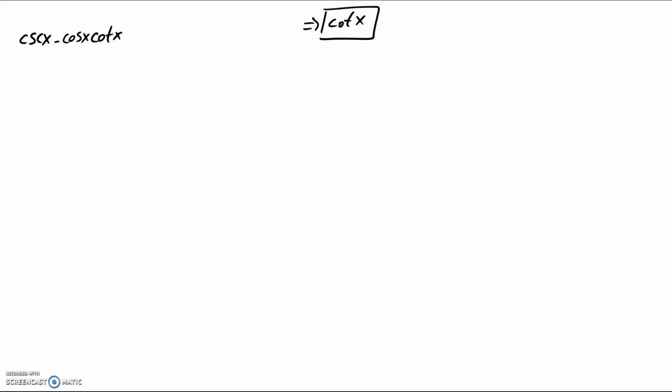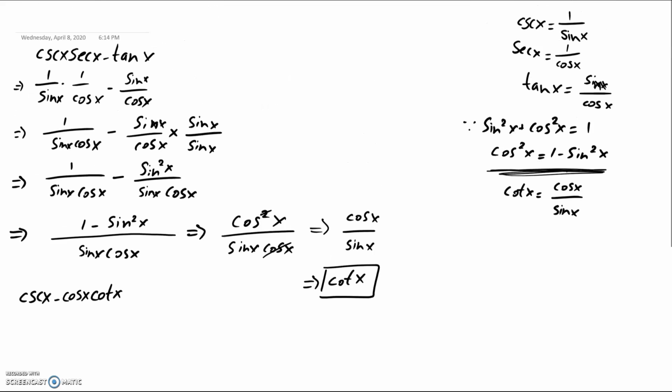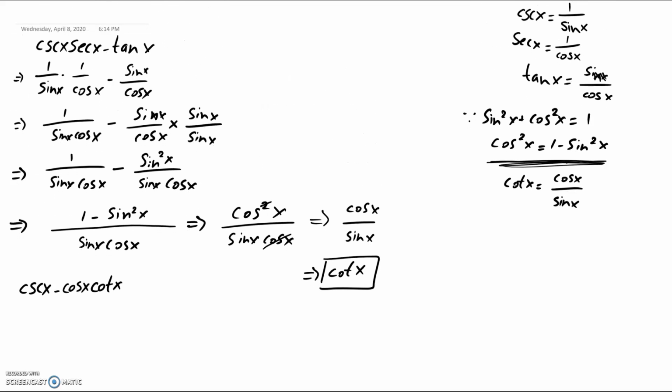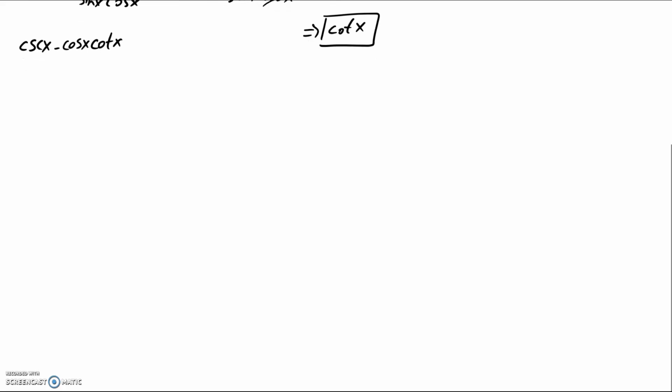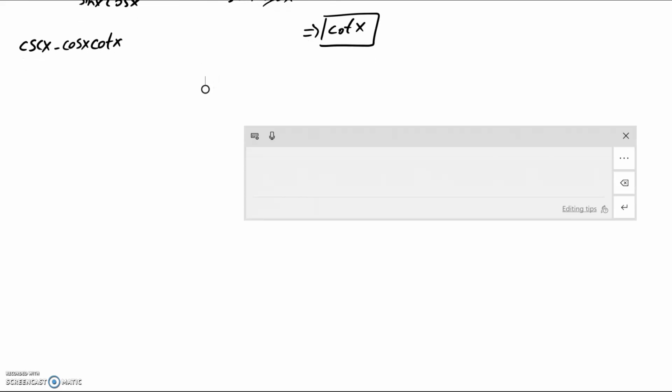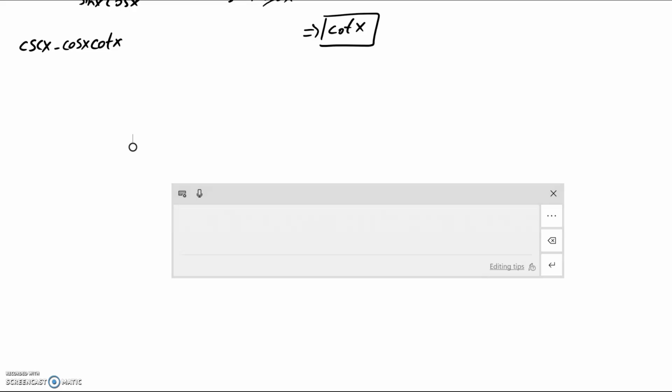Alright, let's talk about this question. Don't forget the same identities that we used in the previous question. You can see that cosecant x is equal to 1 over sine x. Cos x, do not change cos x because cos x is already in simple form. Then we will apply identity on cot x.